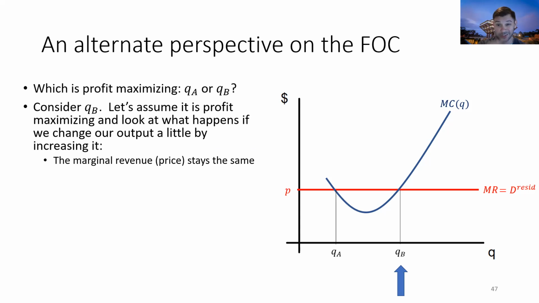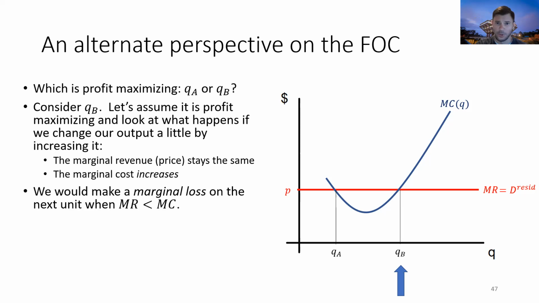Yeah, marginal cost is increasing, right? So if we move past QB to the right, we're going to start making a marginal loss on those units, right? The marginal cost exceeds the marginal revenue. So that's adding some profit loss to our bank account, right? And every unit I produce past QB, the cost is getting higher and higher. So that profit loss is getting bigger and bigger.